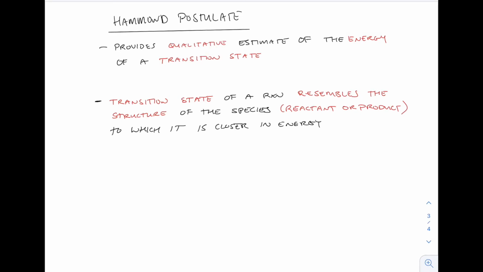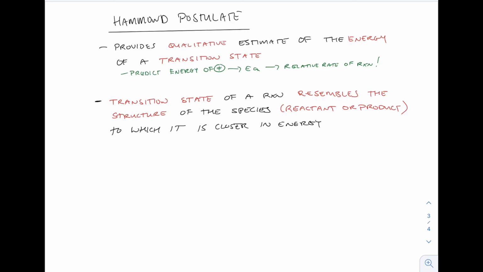So if we are able to predict the energy of the transition state, then we should be able to predict the relative activation energy, because that's pretty much the same value, right? And then that means that we should, in theory, be able to predict the relative rate of the reaction. Okay, so that's how this all ties together.